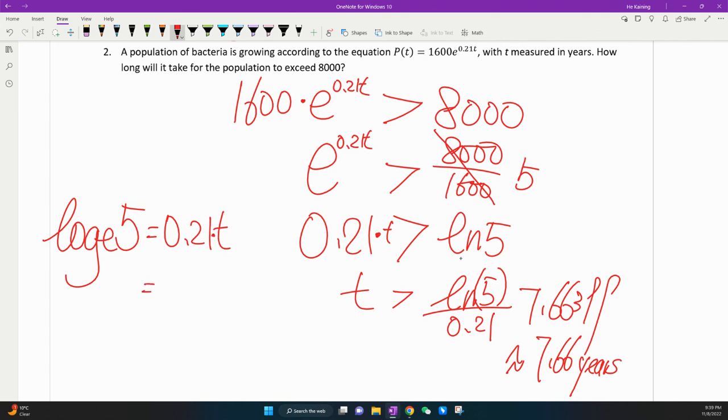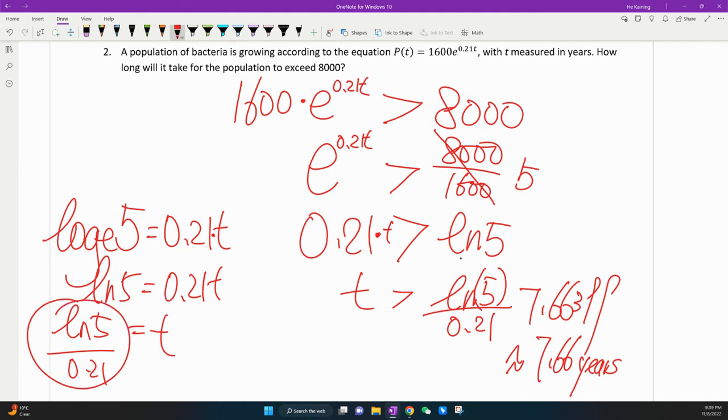After you solve it, you get the same thing, because log base e of 5 is just ln 5. So ln 5 equals 0.21t, and then you have to divide by 0.21 on both sides. And this is how you get the 7.66 again. By the way, if it's exceeding some time, you have to use greater than. Okay, so this is up to lesson 7.